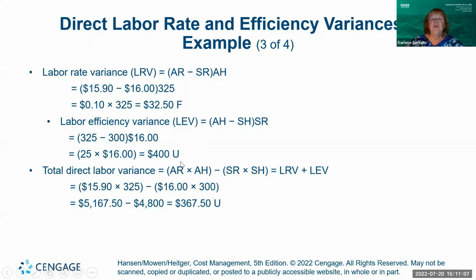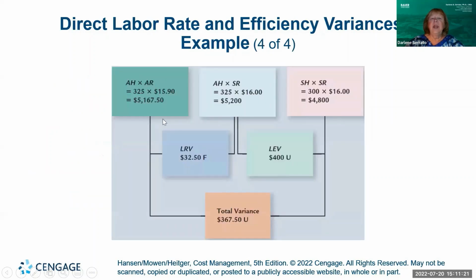If you took the 400 unfavorable plus the 32.50 favorable, this would give you a total unfavorable variance. So here they're calculating the three numbers. Total variance was $367.50. $32.50 favorable was the rate. The efficiency variance was unfavorable.